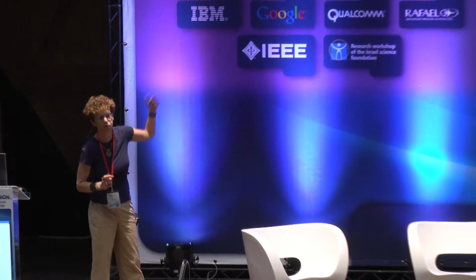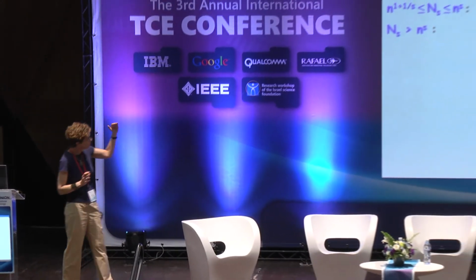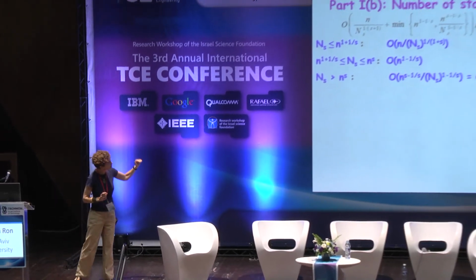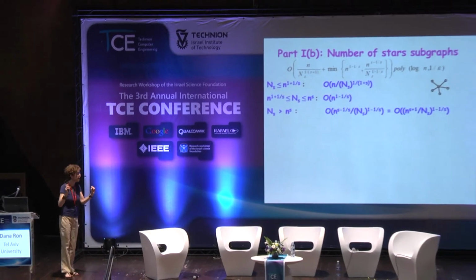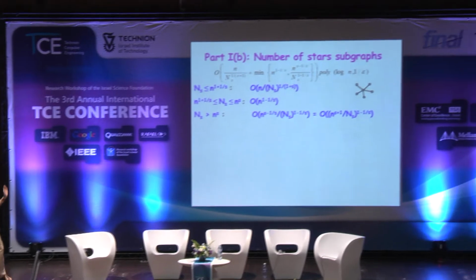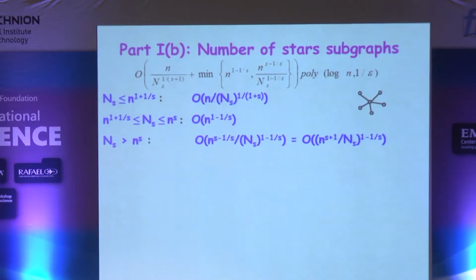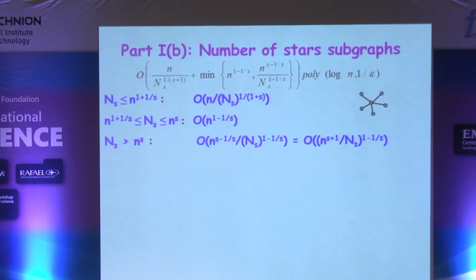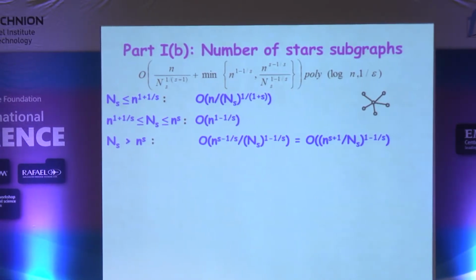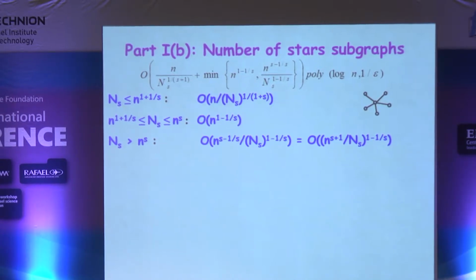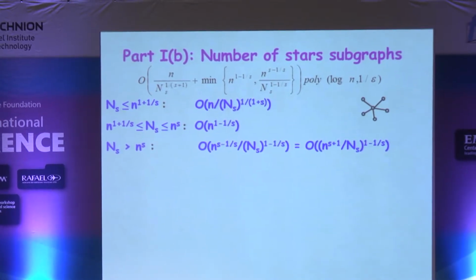If you look at this expression, it's not even clear that it's sublinear. But if you break it up, you can see that in each range of values of n_s it is sublinear. It's interesting that it starts by getting better as the number of stars increases. Then in the middle range, it's just a fixed function, and then again it starts decreasing.